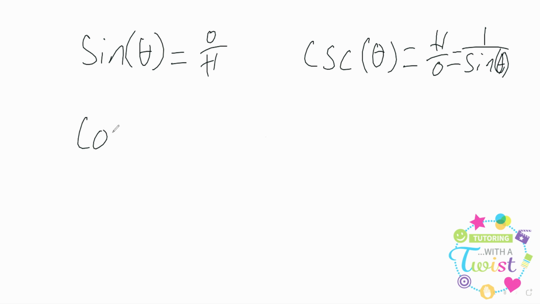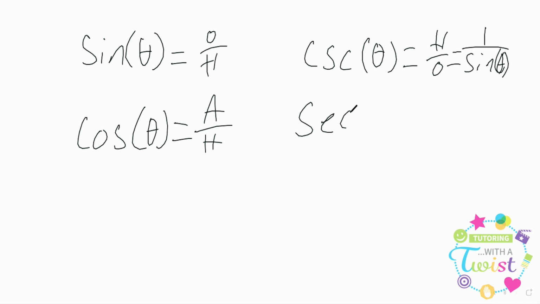Likewise, in the same way that we've got the cosine of theta equal to the adjacent over the hypotenuse, we'll also have the secant, SEC of theta, equal to the hypotenuse over the adjacent, which of course is just 1 over cosine.